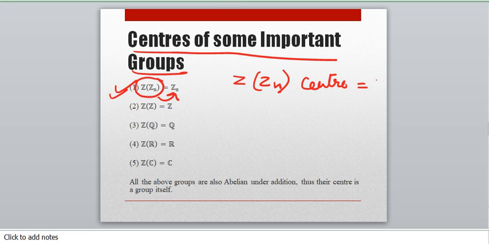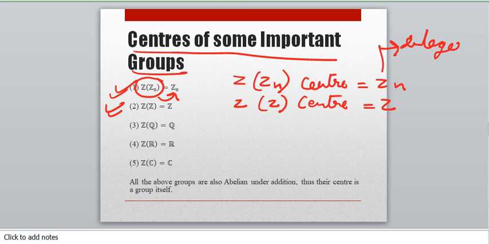Next, Z of Z's center is equal to Z, the integers. Now next one, Z of Q, Z of rational numbers.